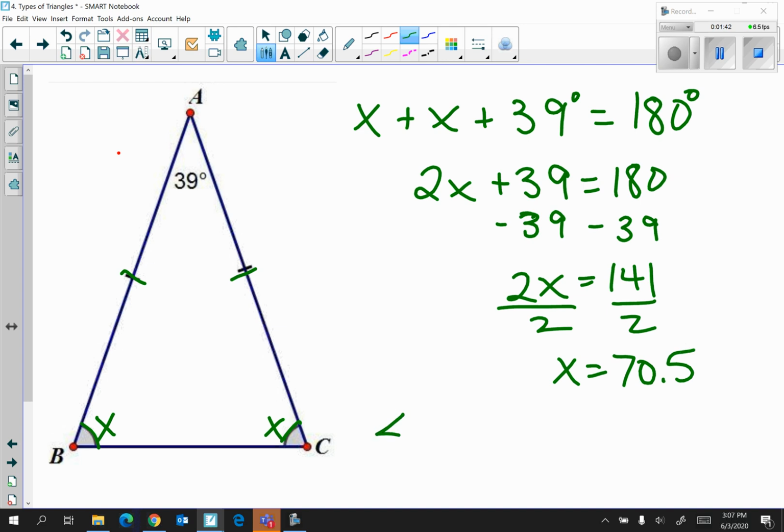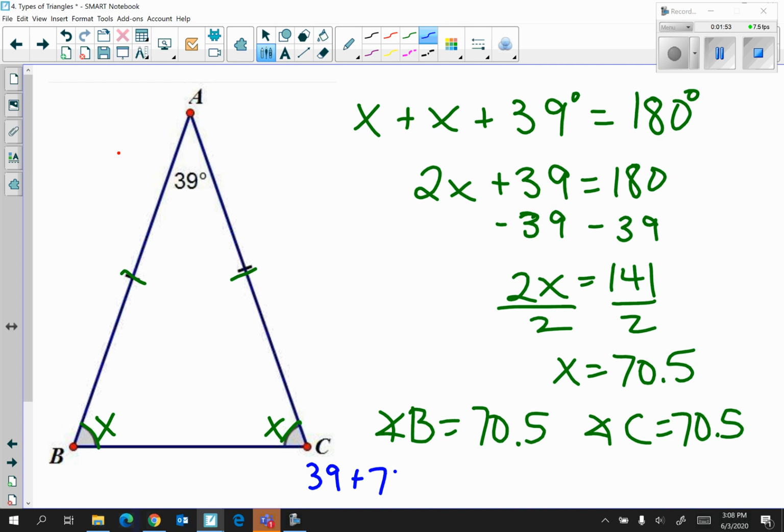So that means angle B is equal to 70.5 and angle C is equal to 70.5. If I add 39 plus 70.5 plus 70.5, I should equal 180 degrees because the interior angles of a triangle are equal to 180 degrees.